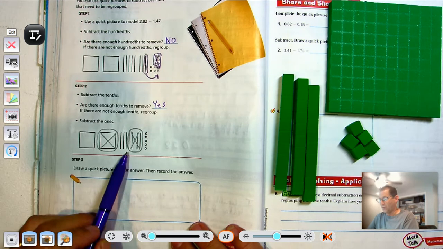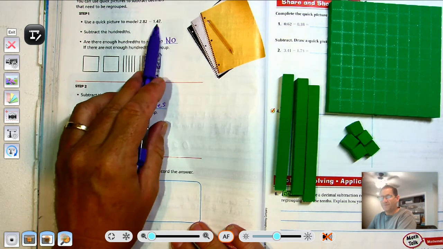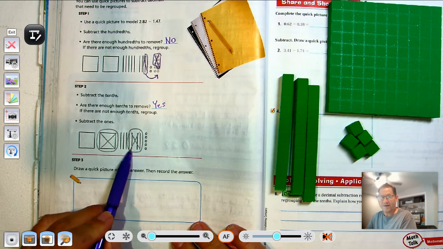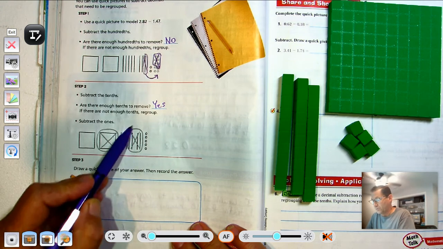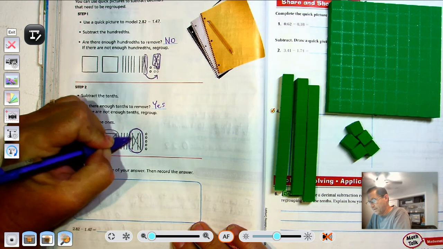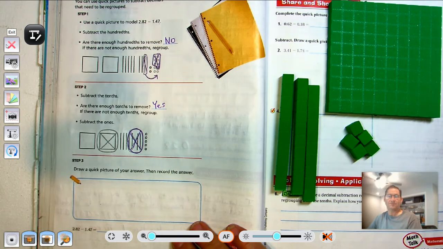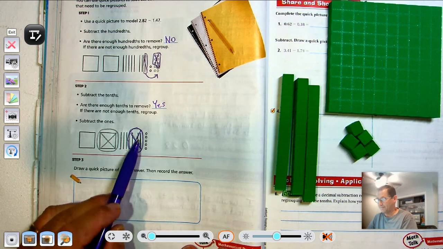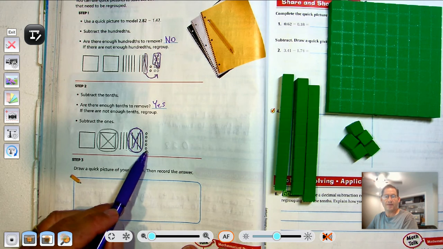Okay, and so we had to remove 4 tenths. So you'll see here 1, 2, 3, 4. So we'll circle those and cross out the 4 tenths. So we subtracted them, they're no longer there. That left us with 3 tenths and the 5 hundredths.